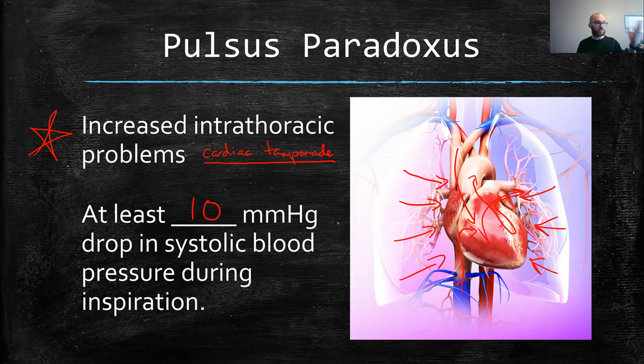If it's a tension pneumothorax, we have some options. If it's cardiac tamponade, not really as many options for us pre-hospitally. But that's what it is. It's at least a 10-point drop in your systolic blood pressure when the patient takes the breath in. That blood pressure drops. So we feel that just by the pulse strength dropping and rising.